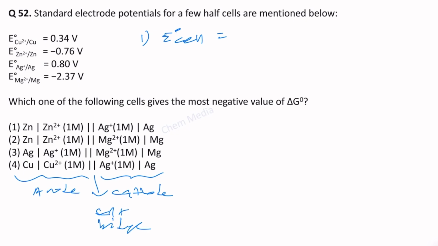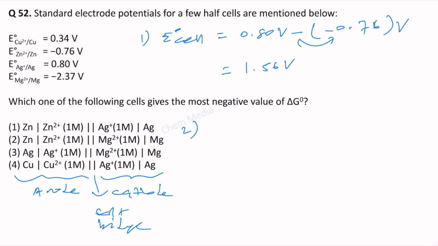E naught of the cell is E naught of the cathode reduction potential, that is Ag+ becoming Ag, so 0.80 volt, minus reduction potential at the anode, so that is minus 0.76 volt. So together it is 1.56 volt, because negative negative will become positive.